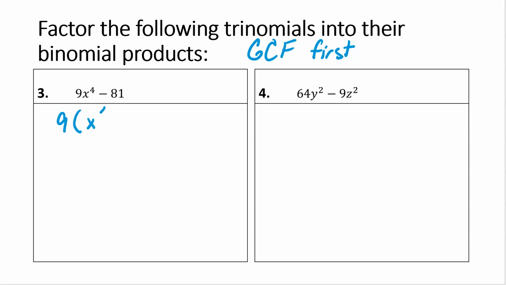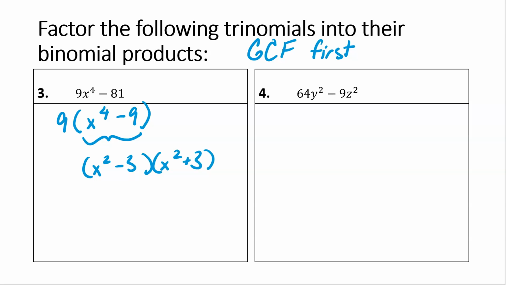Then you would have x to the power 4 minus 9 within the brackets. That's still a difference of squares, right? This can be written as x squared minus 3 multiplied by x squared plus 3. And then don't forget, you are still multiplying everything by 9 there.